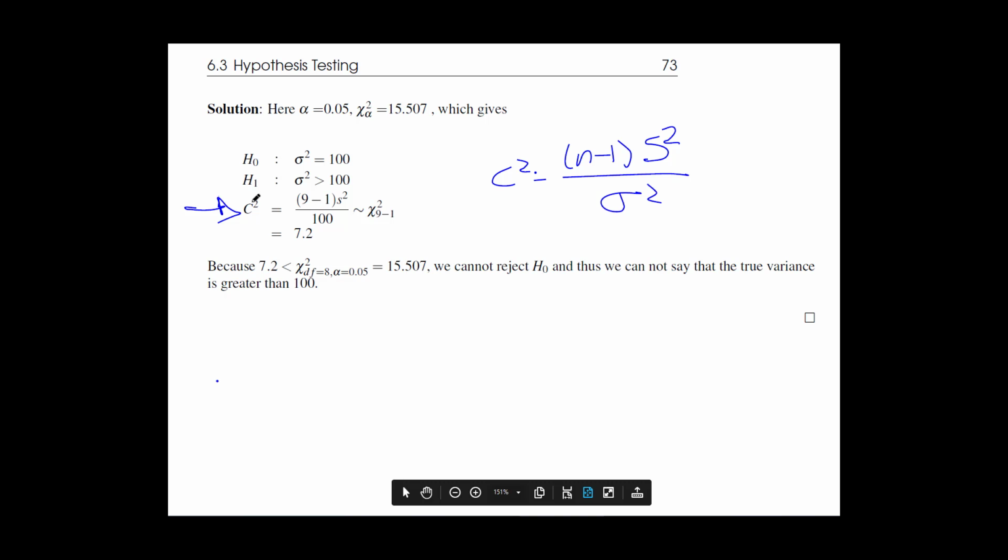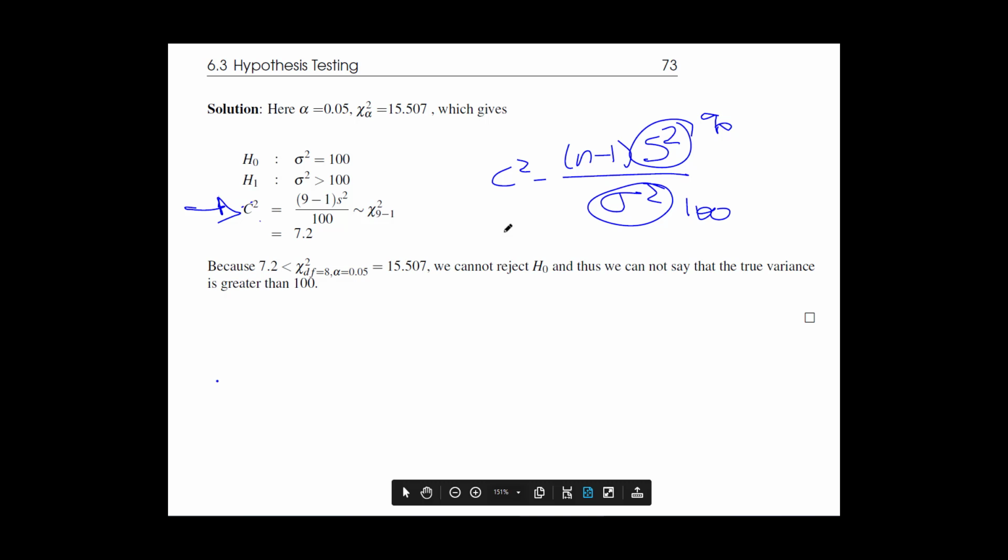This is a realization, so it really should be lowercase. I would like to put a 0 and call it chi squared 0. It doesn't really matter. Still, let me just erase that. So it should be lowercase. But anyway, we have this formula and we evaluate it. n is 9, s squared is 90, and sigma squared is 100.